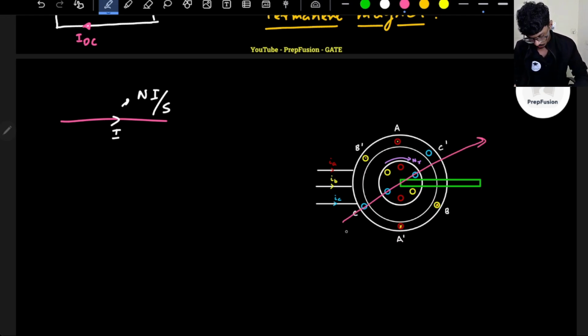So this will be the north pole, this will be the south pole.